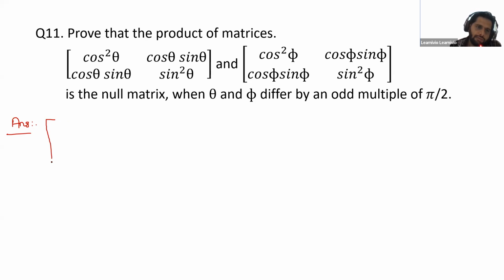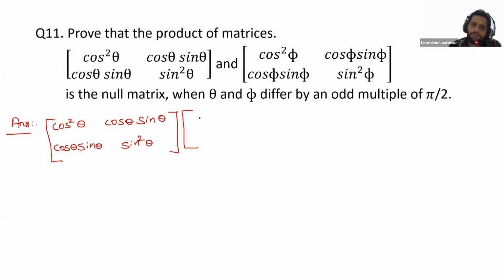So here, there's nothing. You just need to multiply these two matrices, cos theta, sin theta, and then you need to use some formulas of trigonometric functions from class 11. You need to multiply this one with this one. This is cos square phi plus cos phi sin phi.